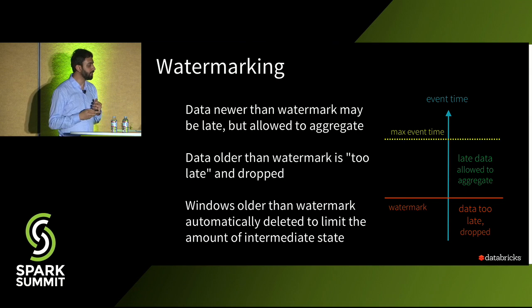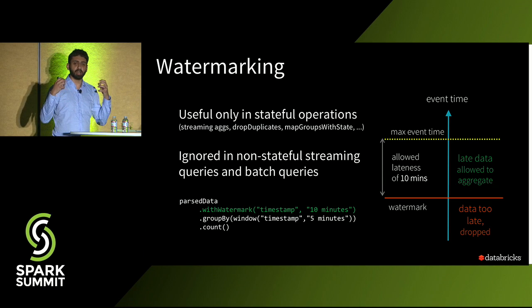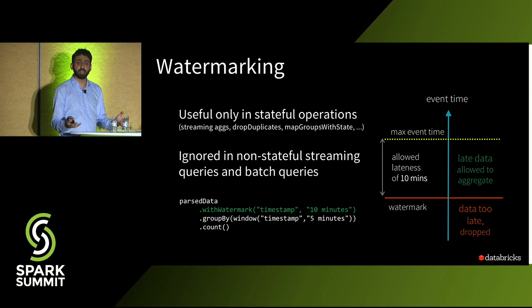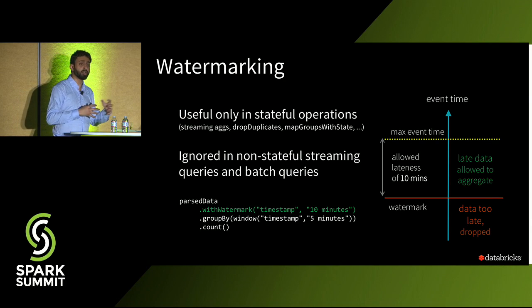And this leads to a very nice trade-off that you can control. Depending on your application requirements, you can specify how much late data you have to consider in your system, and accordingly the resource usage will increase. So if you have to consider a lot of lateness, then your resource usage will increase.